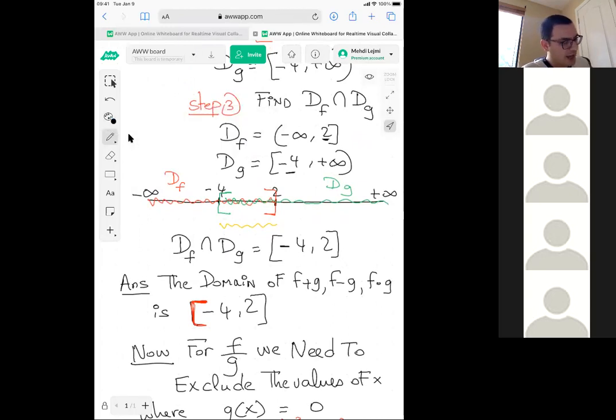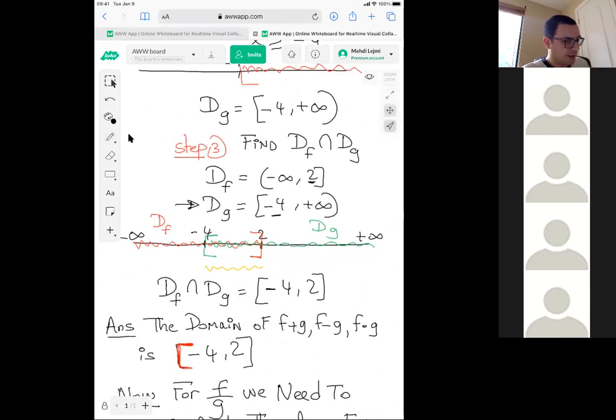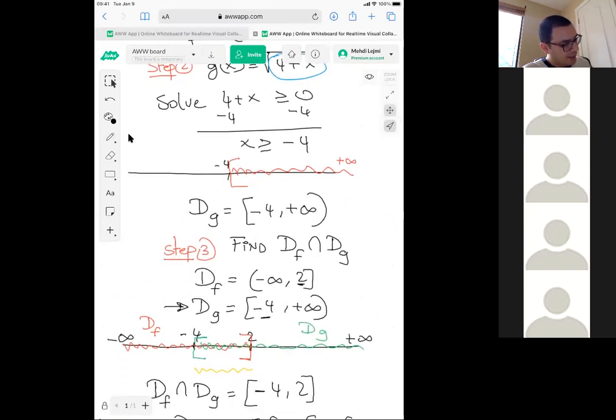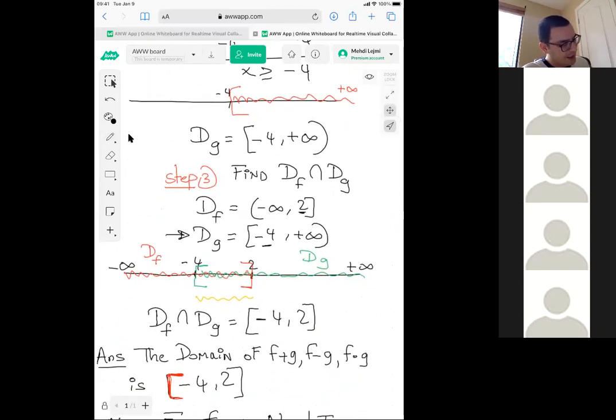So you're asking about the d subscript g, the domain of g, this one here. Okay, so that was in step number 2, right? And this step 3, I want to find this intersection between the domain of f and the domain of g. So first, I have this domain of f from step 1.